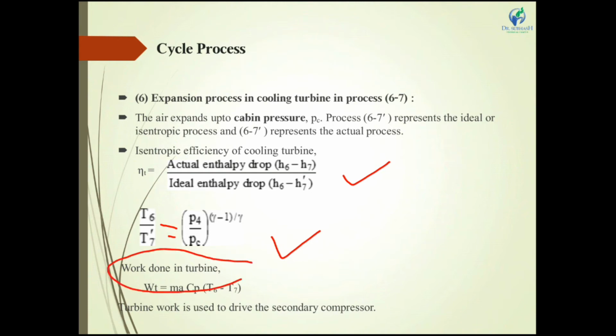Sorry, not a secondary turbine; only one turbine is used in a bootstrap system. For this first turbine, the work done is Ma Cp delta T, the temperature difference T6 minus T7. The turbine work is used to drive the secondary compressor.